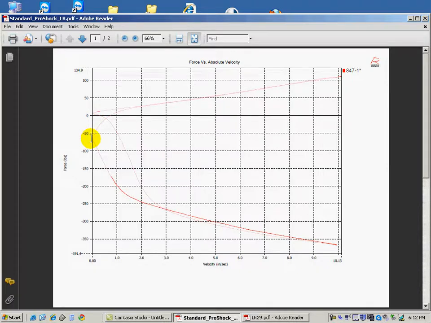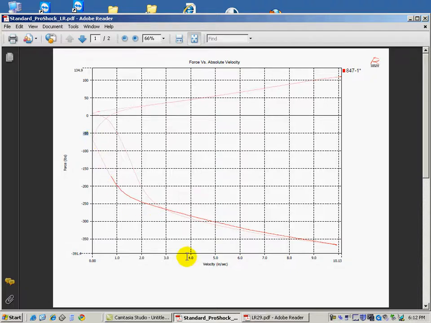The slowing down portion already shows approximately 60-pound resistance, whereas the speeding up shows a 0-pound resistance. Now this shock we're looking at is an example of an oil shock which doesn't keep a car left, because if you look, it only has 60 pounds of rebound resistance.